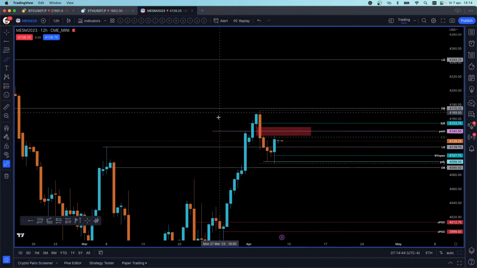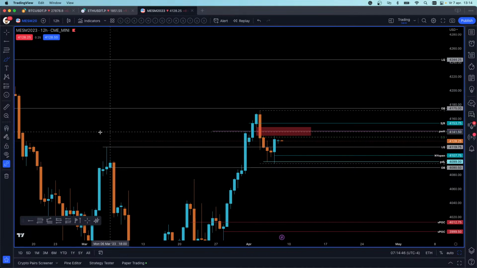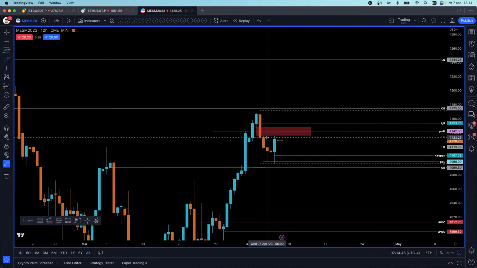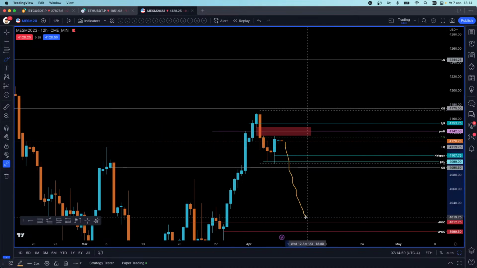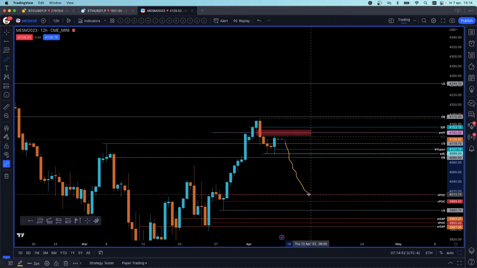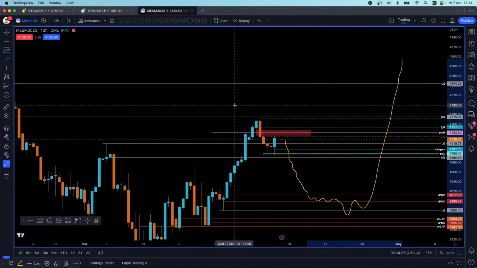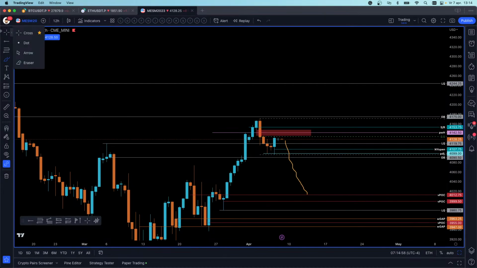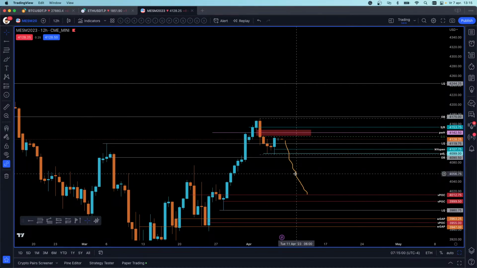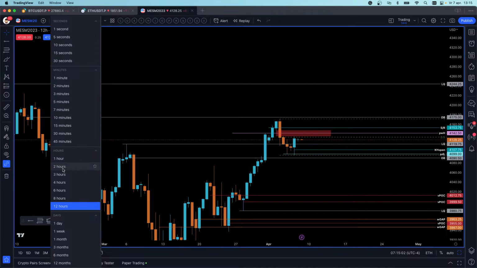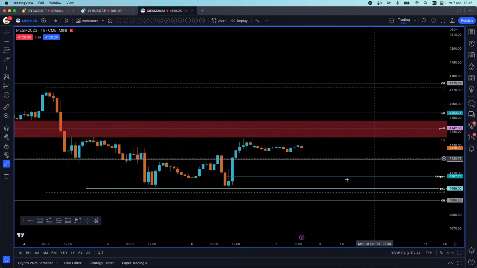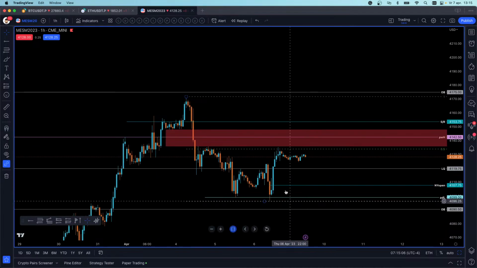But we are in a region of liquidity, so a reversal down would be more healthy, back towards this region, even take this low, and then eventually it can still move higher. But that's the way I'm seeing this right now.